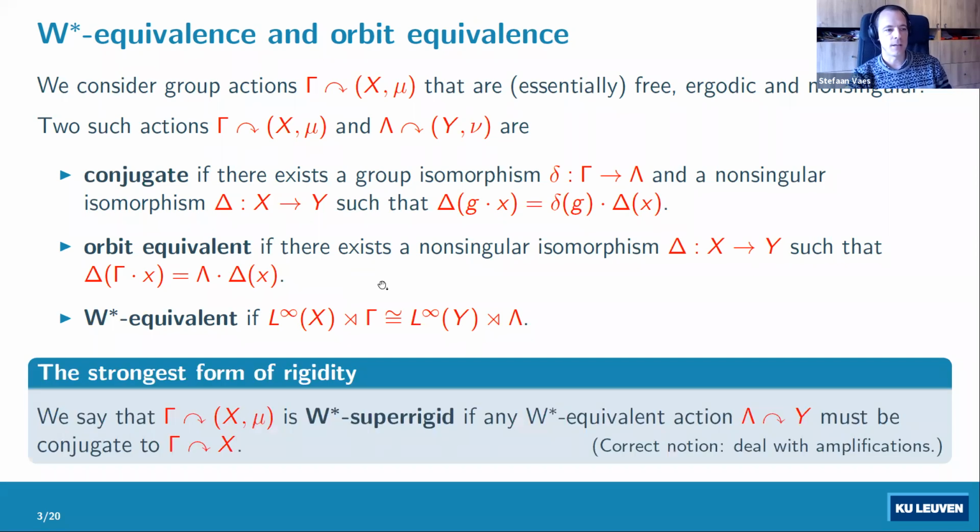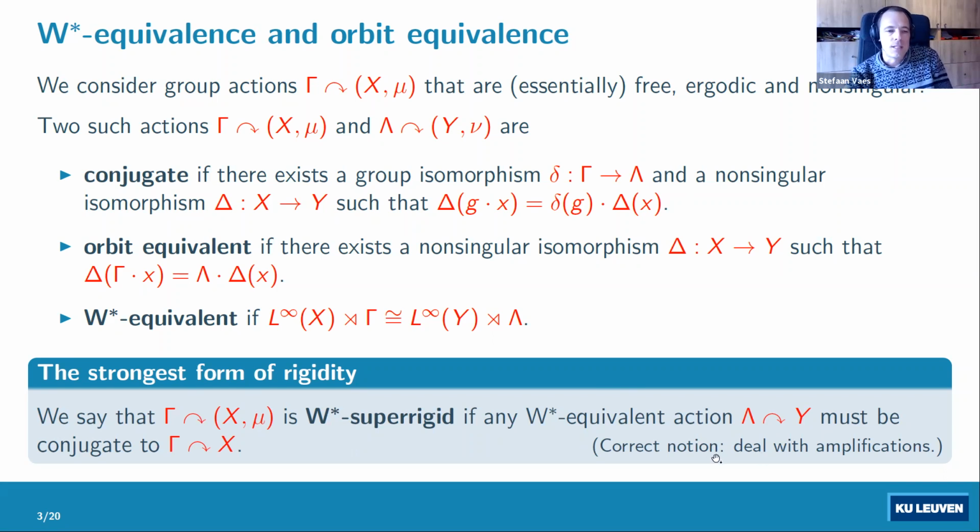And then getting back to the conclusion of the previous slide, the strongest type of rigidity that we are after in this context is to say that a group action is W* superrigid if whenever the same von Neumann algebra crossed product can be realized by another group action, this forces the group action to be conjugate to the original one.